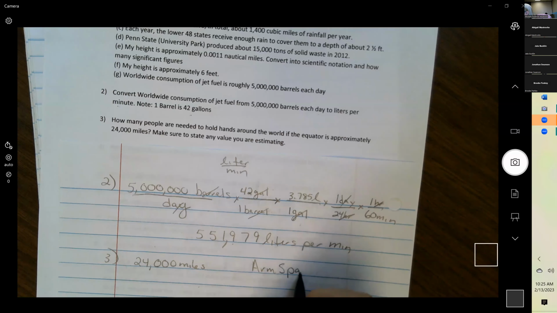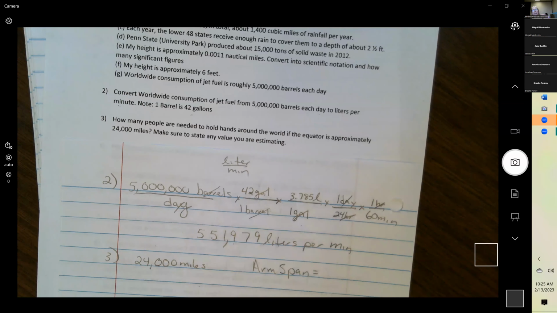Anyone have an estimate for arm span? On average, your arm span is your height. What do you think the average height of a person is? 6 feet. 6 feet, okay.